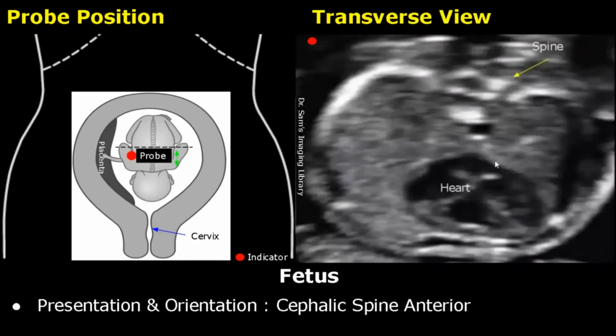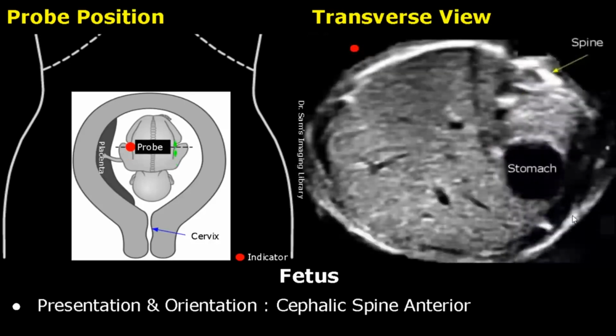The heart will be seen like this, directed towards the right side of the image. Similarly, as we move up towards the mother's umbilicus, we can locate the stomach. The spine is seen at the top of the image. The stomach will be seen in the right half of the image.